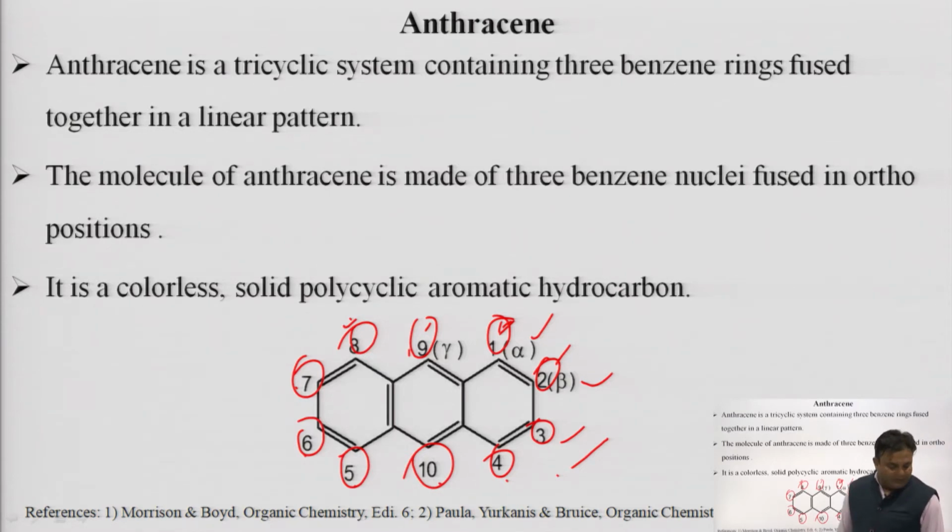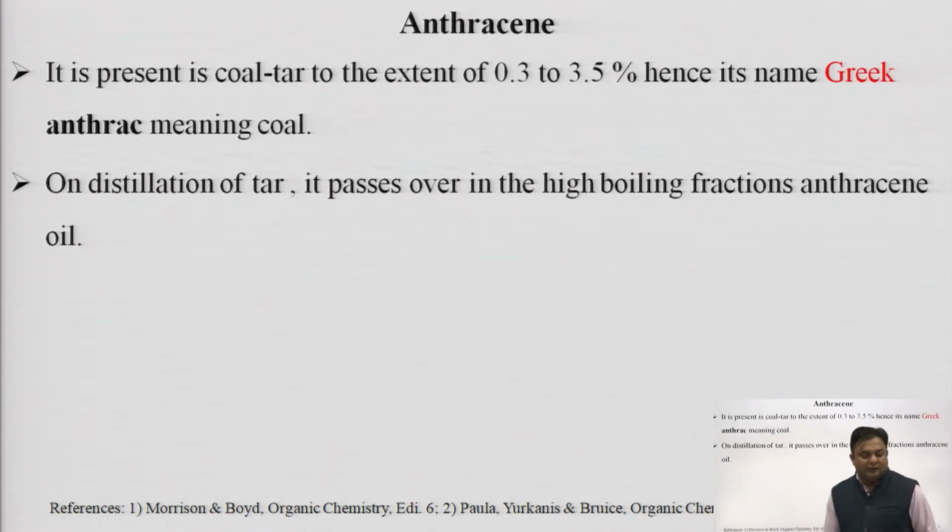Now, when we talk about the isolation of anthracene, like phenanthrene it is also isolated from the green oil fraction of coal tar. It is named anthracene because anthracene is actually a Greek word meaning coal. It is present in coal tar to the extent of 0.3 to 3.5% in the green oil fraction.